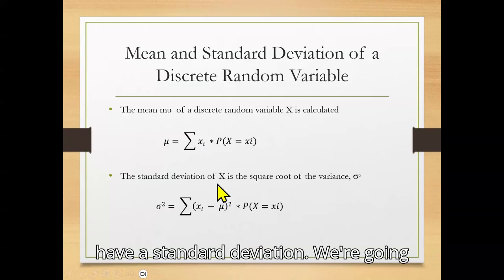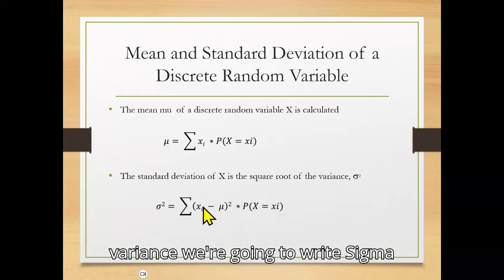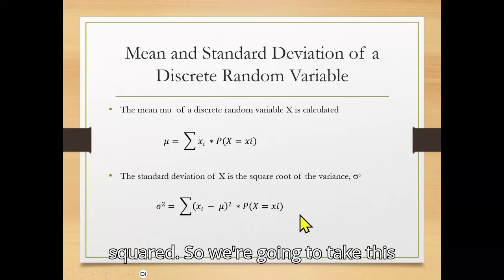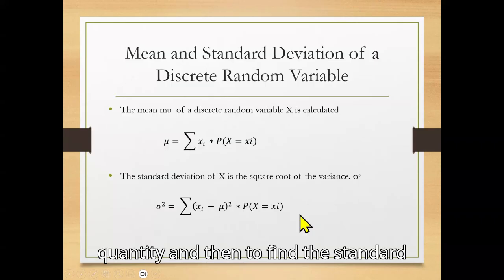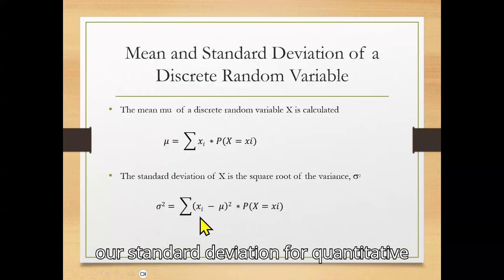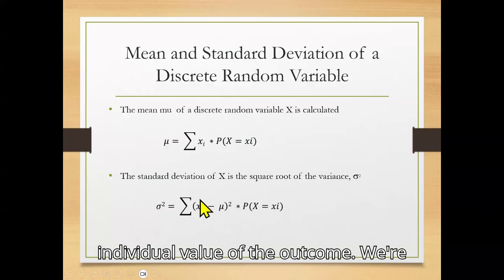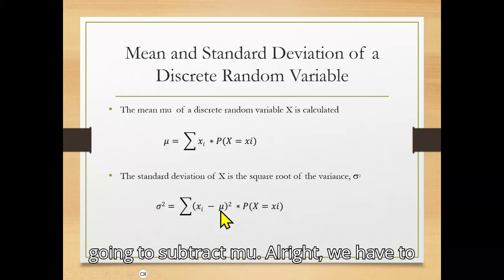A standard deviation, we're going to calculate from the variance. The variance, we're going to write sigma squared. We're going to take this quantity, and then to find the standard deviation, we'll just take the square root of it. Just like our standard deviation for a quantitative variable, we're going to take each individual value of the outcome and subtract the mean.